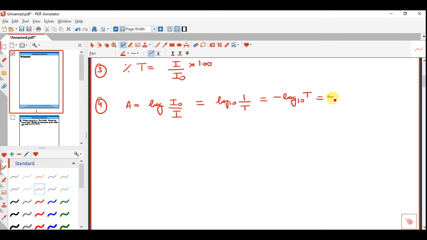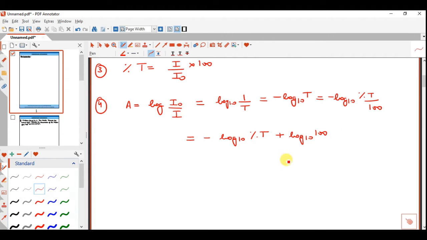Similarly, in percentage form, T is percentage transmittance divided by 100, so absorbance is minus log 10 of percentage T by 100. Since the 100 is in the denominator, bringing it up gives plus log 10 100.